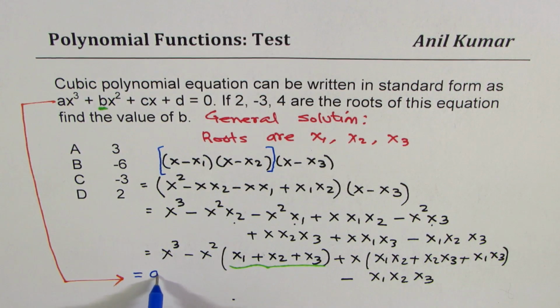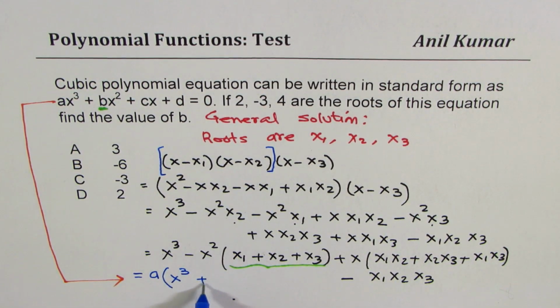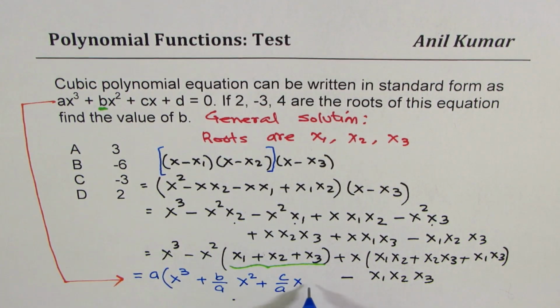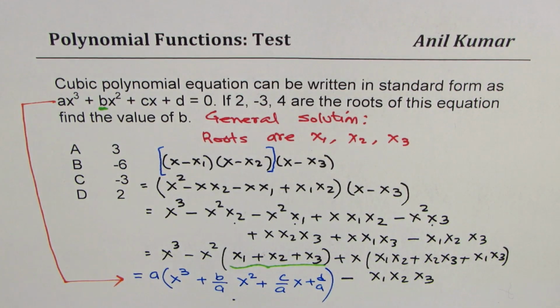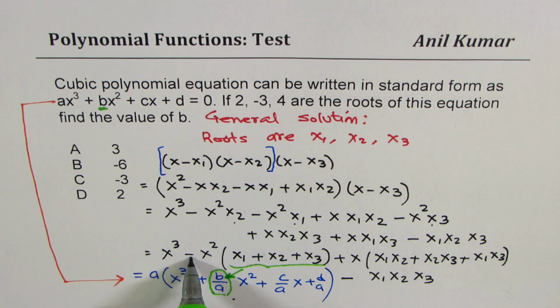If I take a common, then we are left with x cubed plus b over a x squared plus c over a x plus d over a, right? Now you can compare that the coefficient of x squared is minus of this. That is how they're linked. This is the coefficient which is linked with a negative sign, of course: this plus and that negative.